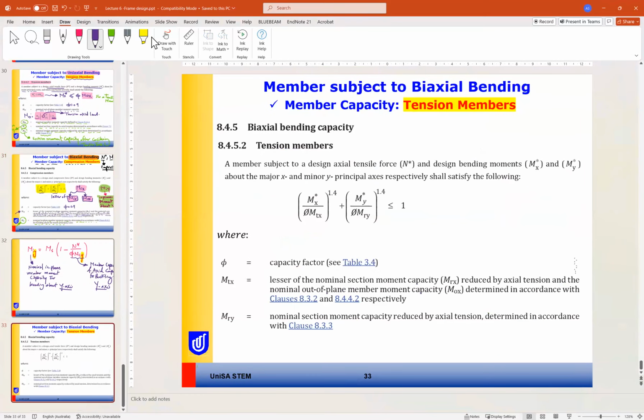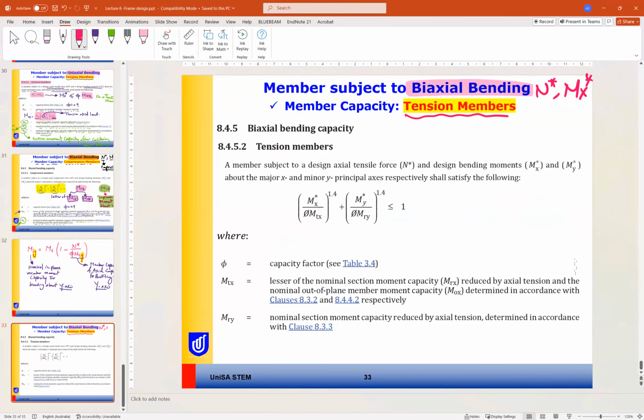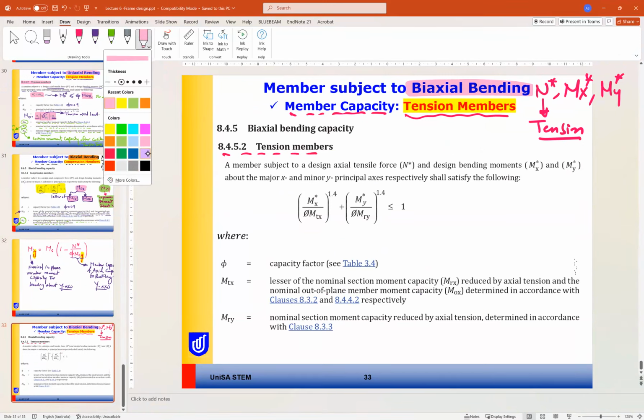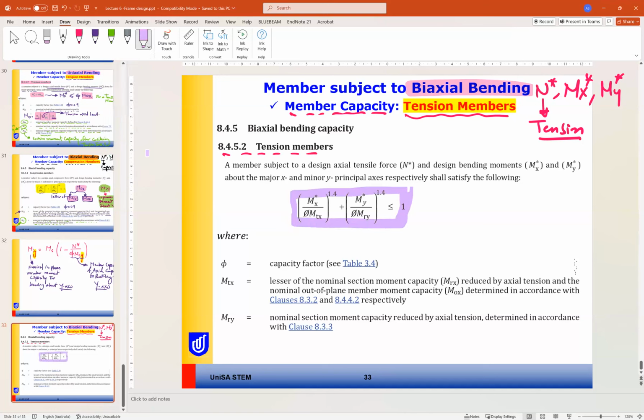Now the last part is if this member is under biaxial bending and it is a tension member. So again, N asterisk, MX asterisk, and MY asterisk. N asterisk is tension force. So the member capacity of this member will be almost the same formula from the previous slide.